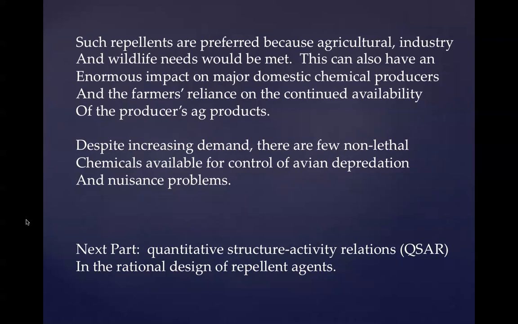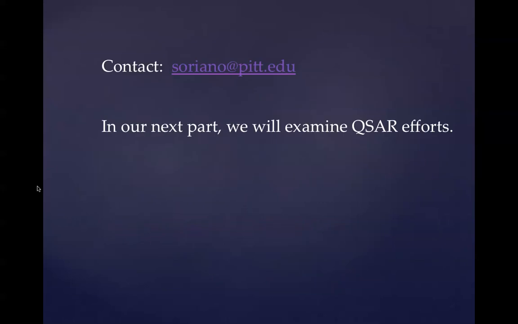In other words, once we have a database, a pool of chemical repellents, we can look at those structures and determine by design, using a computer, which second-generation chemical agent should be prepared and field tested. Now, in part 2, we will get into that.